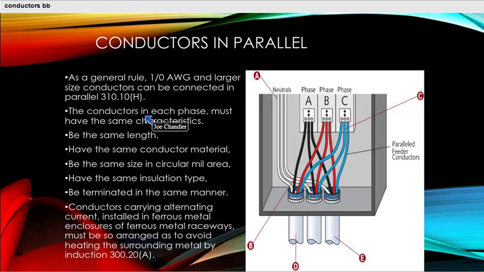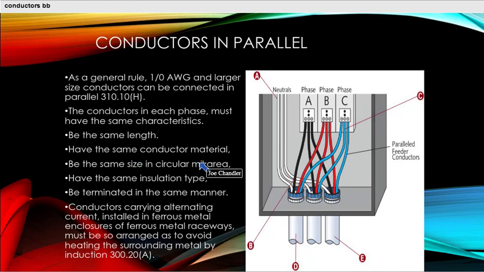Next rules: conductors in each phase must have the same characteristics, meaning the same length. And this is to the T, they've got to have the same distance and same length of each conductor. Same conductor material, meaning I can't take some of them aluminum and some of them copper and mix them together. They've got to all be the same thing.